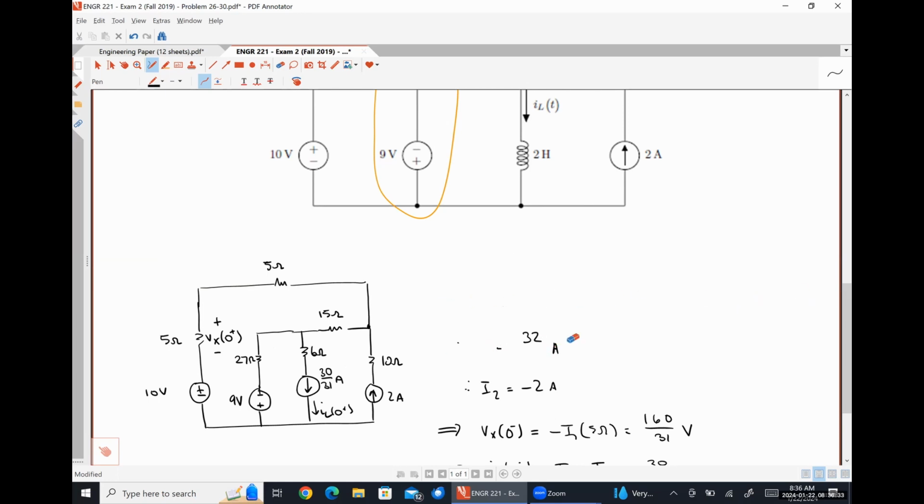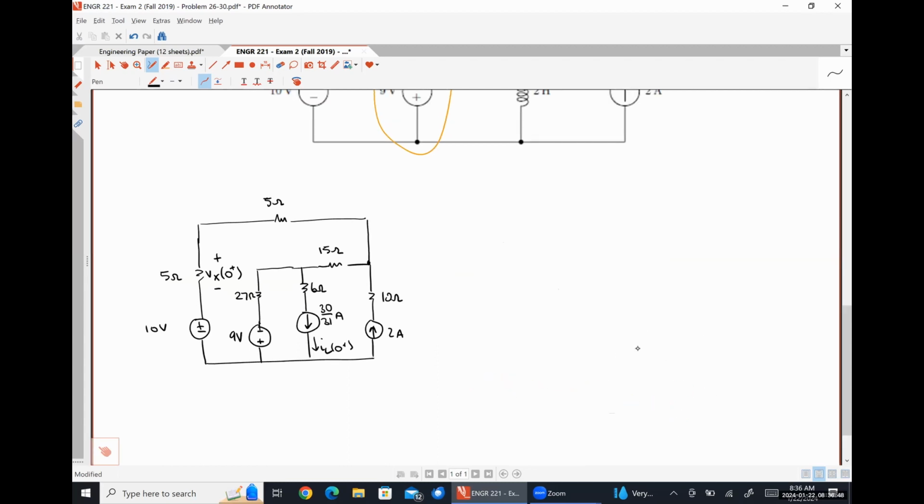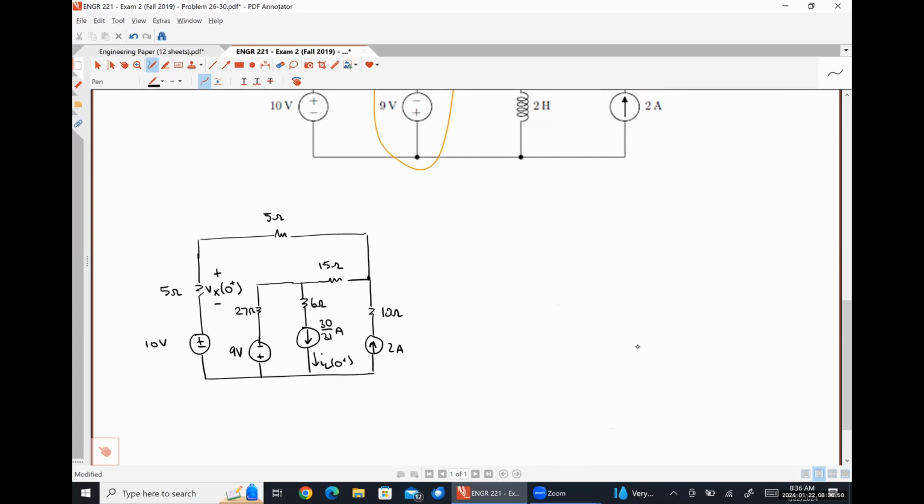So while I'm erasing all this stuff, how are we going to figure out what Vx at 0 plus is? Probably still mesh. That seems pretty reasonable. Let me think about some things really quickly here.